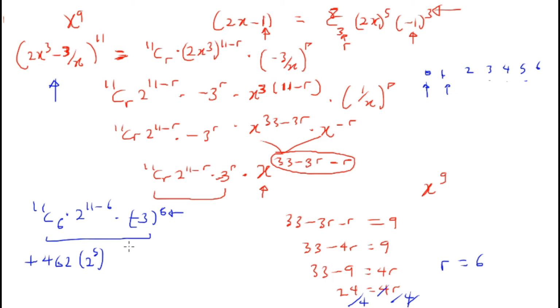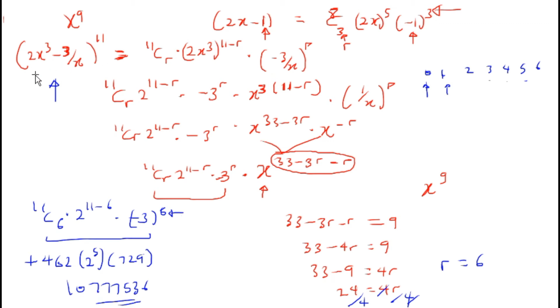But if it's odd, like 3, 5 and the likes, the final answer will be negative. So minus 3 raised to power 6 is 729, and 2 raised to power 5 is 32. I multiply 32 by 462 and then by 729, which equals 10777536, the coefficient of x raised to power 9 in that expansion.